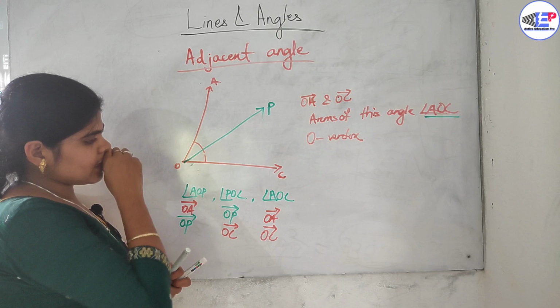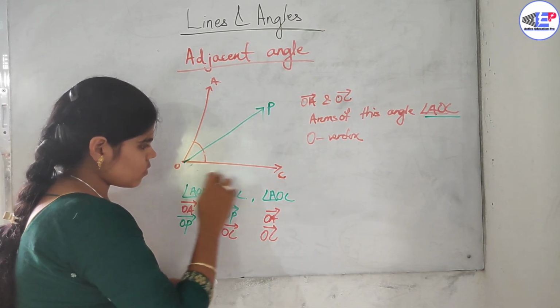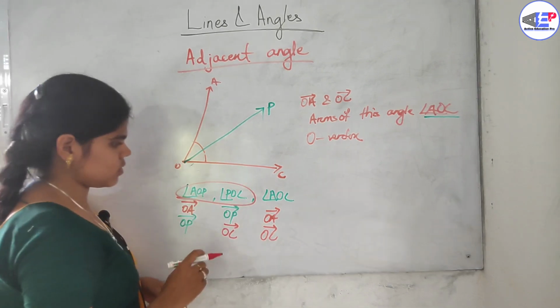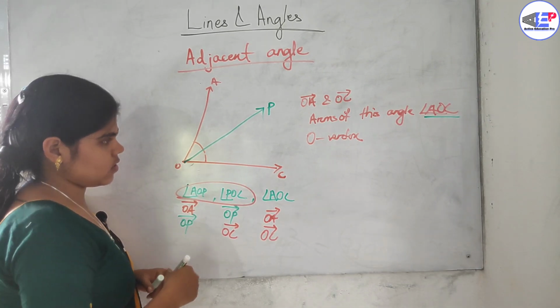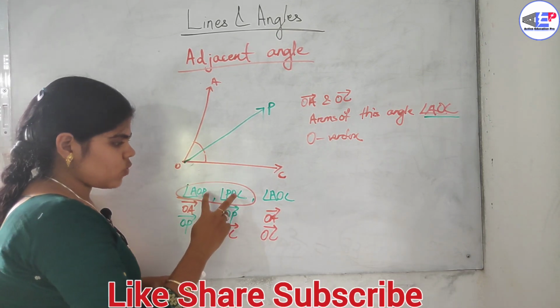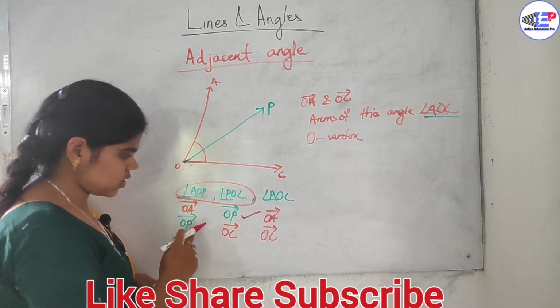Here we can say that these two angles AOP and POC are adjacent angles. Why? The first condition is that between these two angles there is a common arm, which is OP.